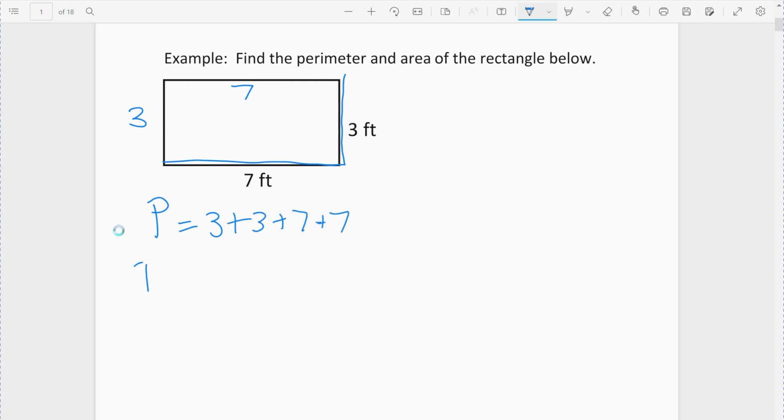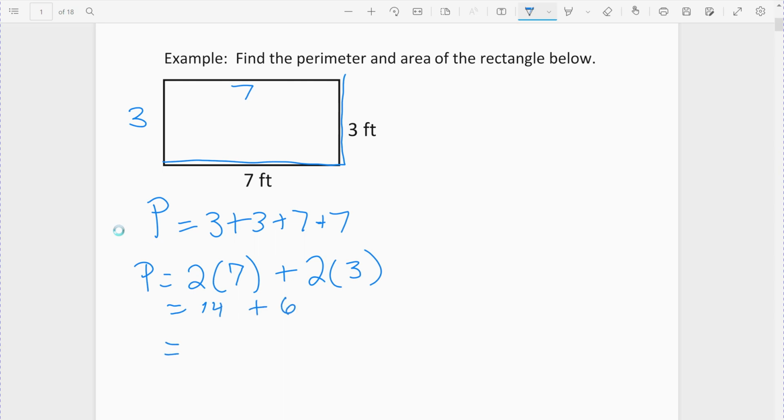Or use the formula. Perimeter is there are two lengths, 2 7s, and 2 widths, 2 3s. And it gives you the exact same answer. Right? There's 2 of each of the sides. And so 2 times 7, which would be 14, plus 2 times 3, which would be 6.